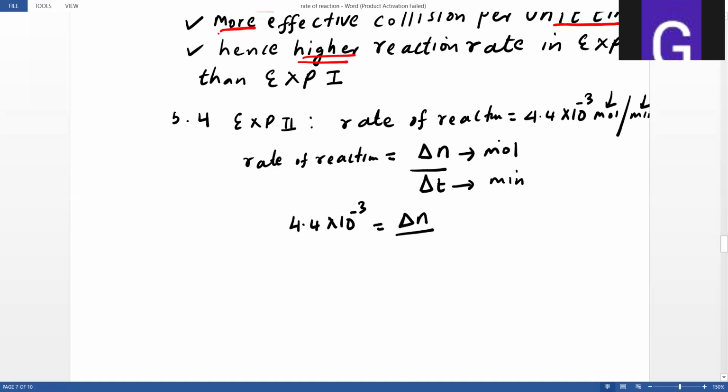The change in time, remember they said during the first, is 2.5 minus 0, which is just 2.5 minutes. So we can calculate the change in the number of moles. Now let us calculate that.